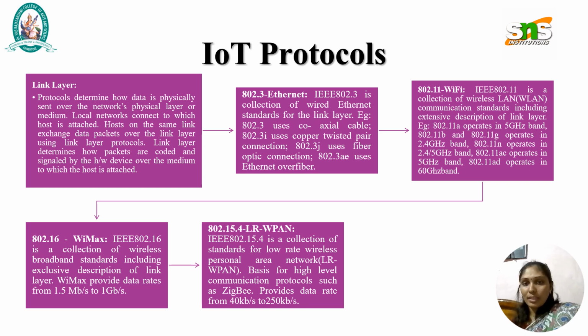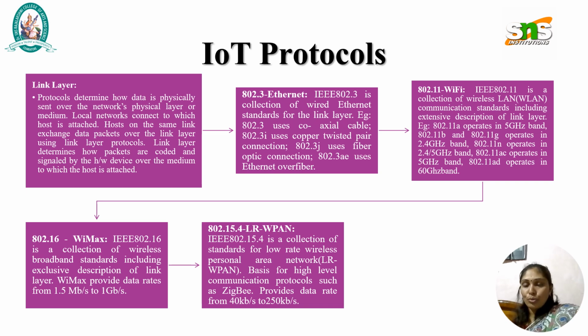Many protocols are attached to the link layer. The first one is Ethernet, second Wi-Fi, and then WiMAX and LR-WPAN. Ethernet, we already know what Ethernet is. The protocol identity is 802.3. IEEE 802.3 is a collection of wired Ethernet standards for the link layer. The second one is 802.11.